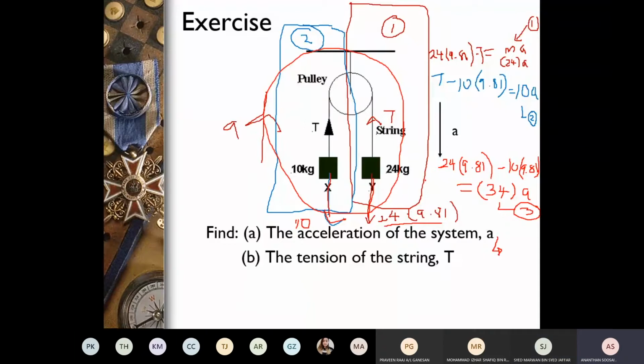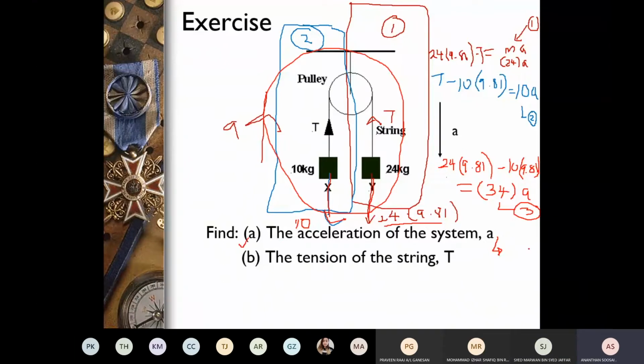In the third equation, the only unknown is acceleration. If you take the entire system, the T won't appear. If the question never asks for the T, you don't allow the T to appear. How do you do that? You take the entire system, so the T does not appear. You see, in the third equation, T doesn't appear. So for part A, use the third equation.